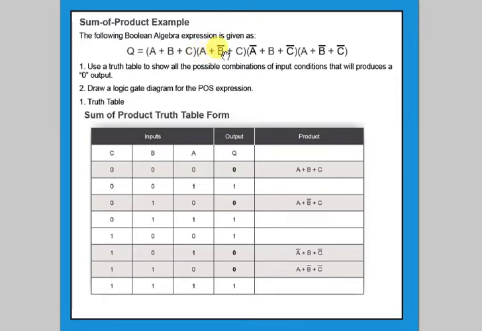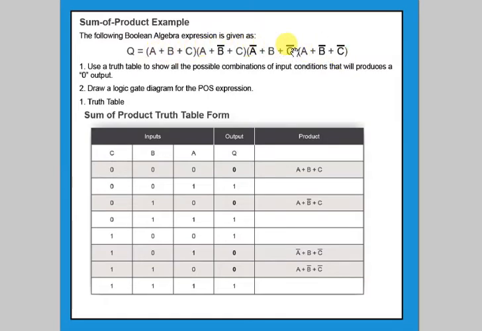Then C is 0, we are doing the second row, so it is again 1. A is 1 but A complement is 0, while C is 0 and the 0 complement is 1, so we get 1 from here. Again A is 1, the 0 complement is again 1, the C complement is again 1, so we get 1. So we get 1 from each term. So the product, 1 into 1 into 1, is 1, so the outcome is 1.